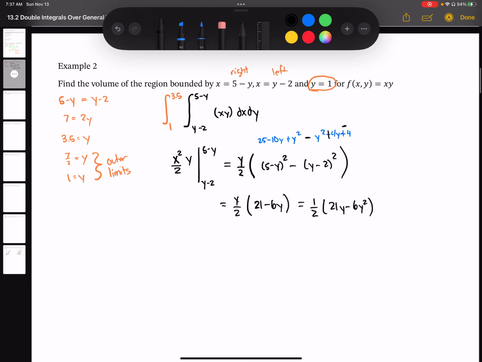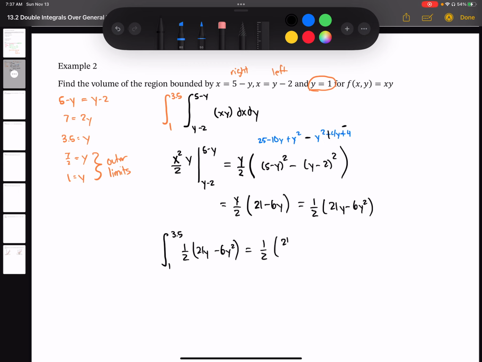Cool. So what we need to integrate is from 1 to 3.5. And we're integrating 1/2 times 21y minus 6y squared. And again, the half can go in the front if we actually want.